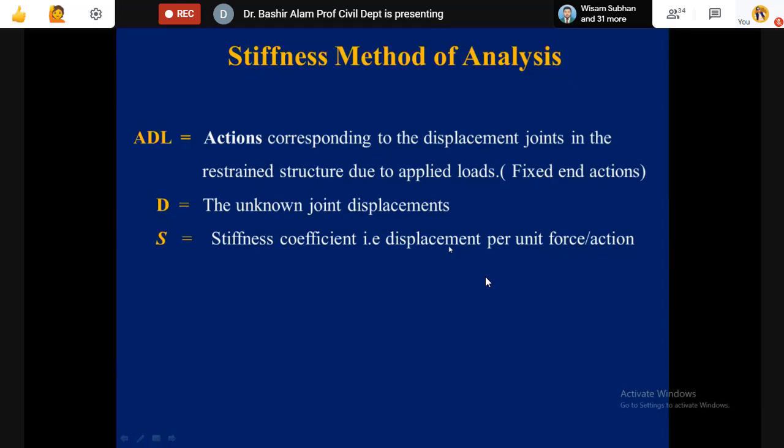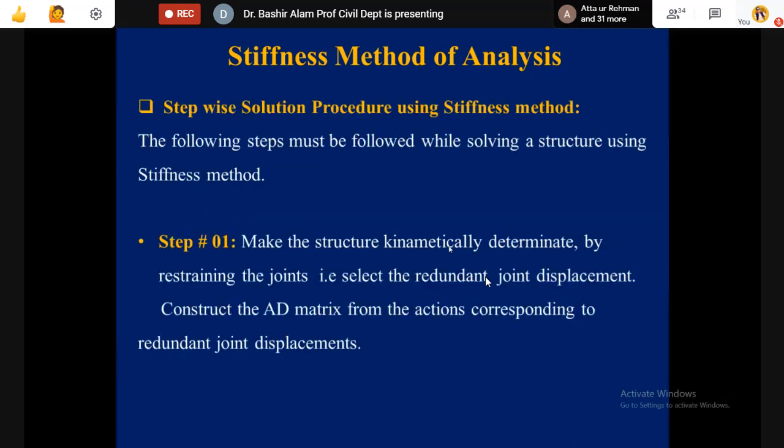Stiffness coefficient, displacement per unit force, that is flexibility. So we need to make this correction. This is the action produced by unit displacement, the action required to produce unit displacement. So we'll make this correction.